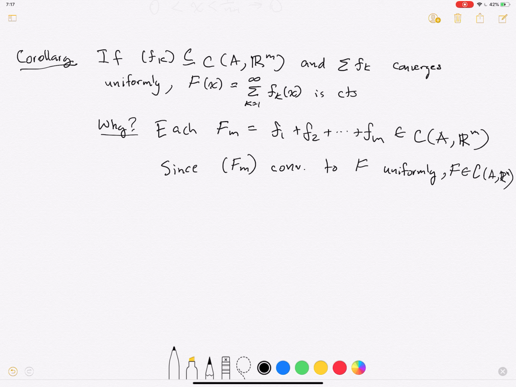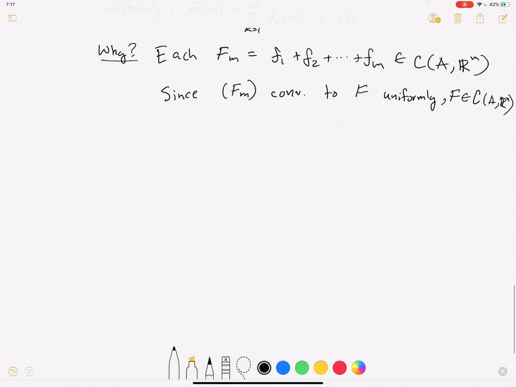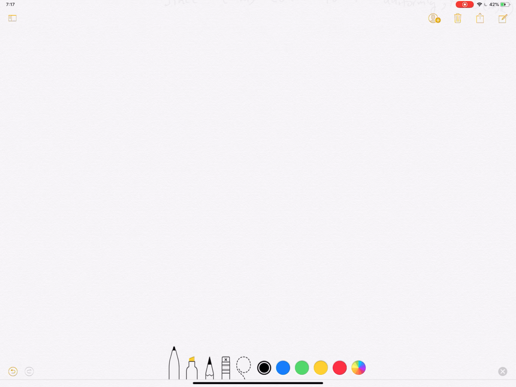Okay, now let's look at a convergence test. You might have seen these before for series on real numbers. You can also have convergence tests for series of functions.